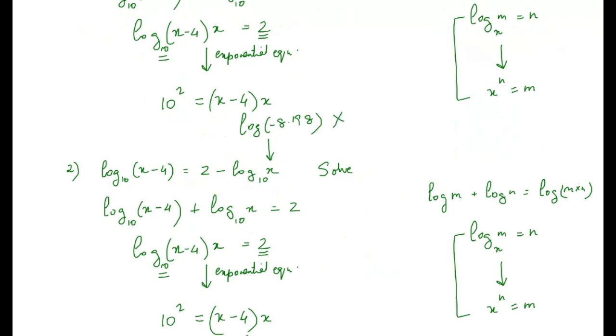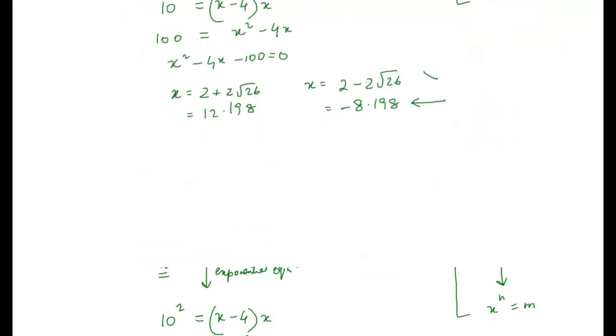So I'm going to discard that value and keep the other one. So I'm going to discard this, and the only solution is 2 plus 2 root 26.